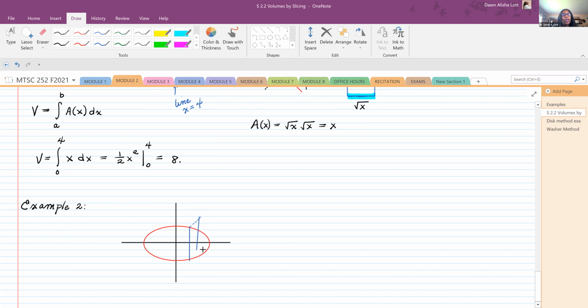Okay, so here's the rectangle. So the cross-sectional area that I have to find is the area of a rectangle. So how do you find the area of a rectangle? That's fairly easy. What is that?